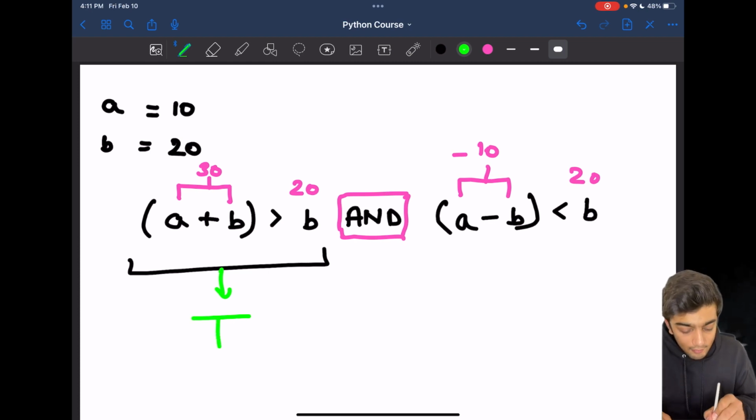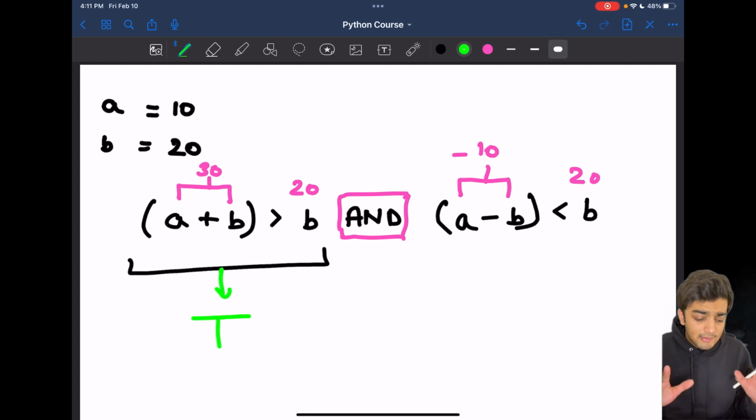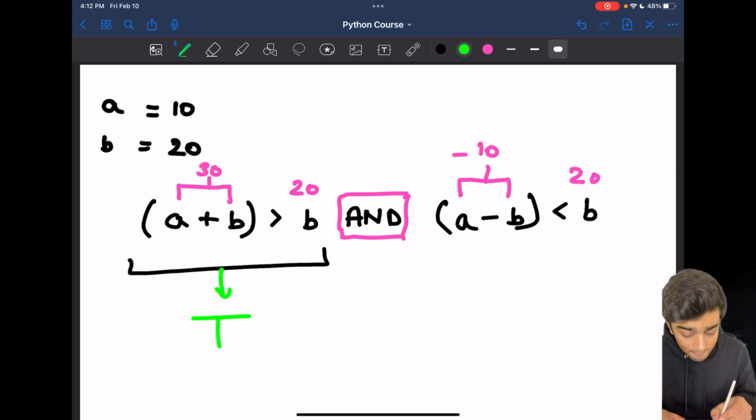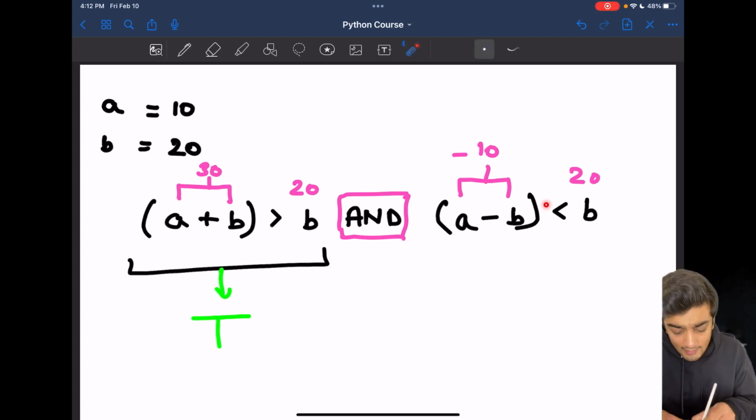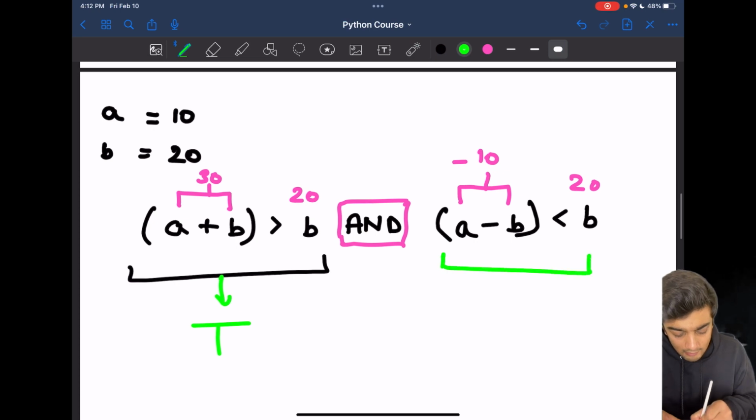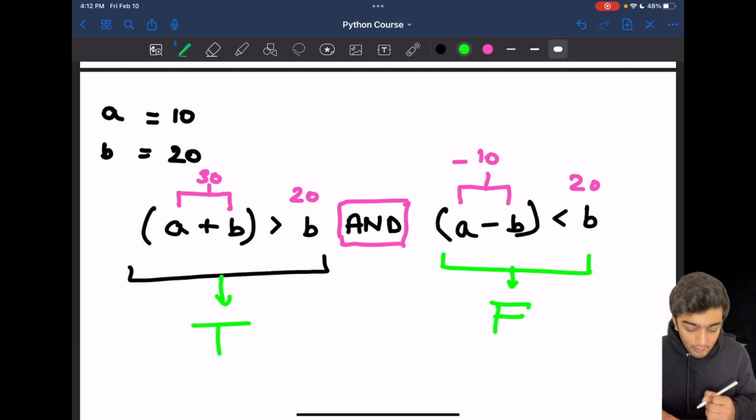Then we've got the and here, which we'll just let be first. Let's just get the truthiness or falsiness of all of our conditions first, right? So the next one is negative 10 is less than positive 20, which is again true. So what we do is we get the truthiness of this, and that is basically false. Sorry, that is true. Correct?